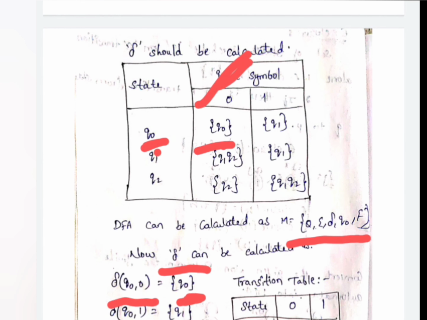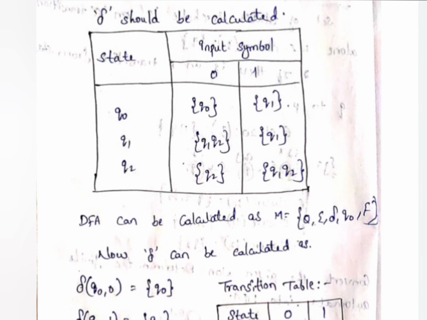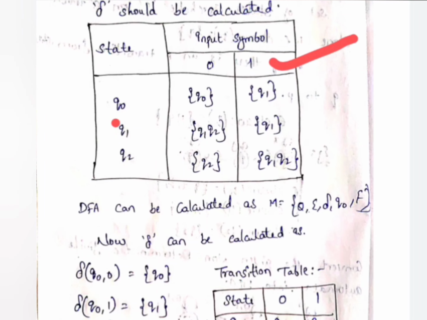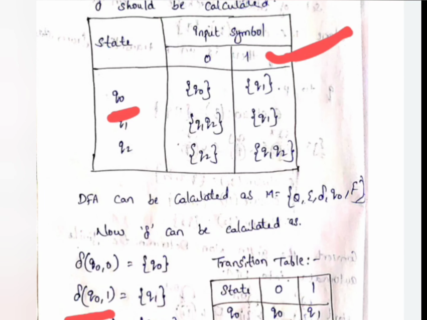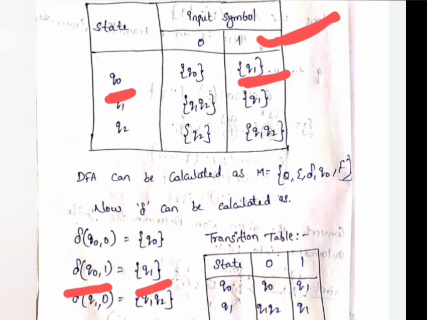And delta of Q naught comma 1 moves towards Q1.